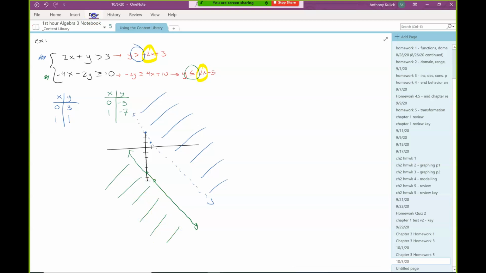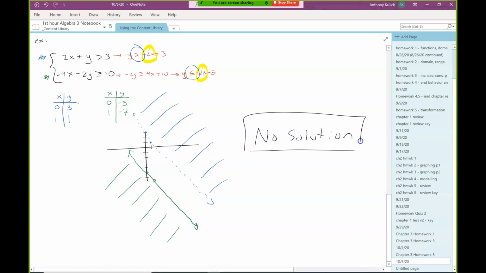Do these ever overlap? No, so what would I say? There's no solution. So only if they overlap, you have a solution. Right, and the solution is any point in that region that's the overlap.